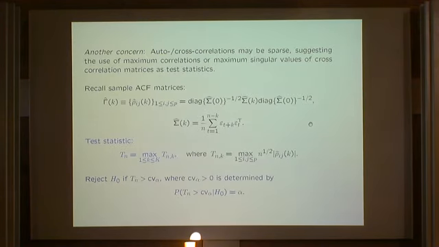Another concern: because the degrees of freedom are p squared times K, where p is the dimension of the time series, consider a situation where the non-zero correlation is sparse. The trouble with this test statistic is that every dimension is counted, which inflates the degrees of freedom.